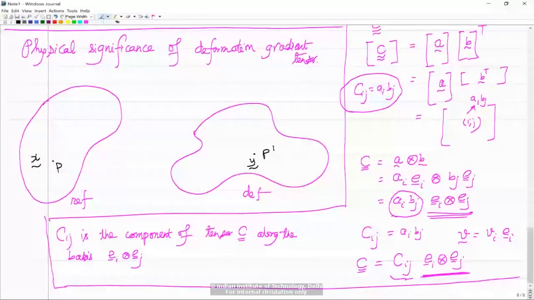But let's now think of a line passing through the point P. A material line, basically. It's not a line in the space, it's a material line. That means it contains particles of this body.